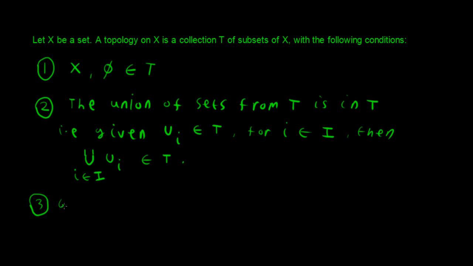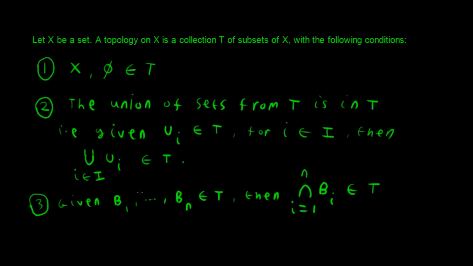So given, let's call them something different, shall we? Let's call them B1 up to Bn in T, then the intersection over i equal 1 to n of the Bi's should be in T. Okay, and this should work for any natural number n.